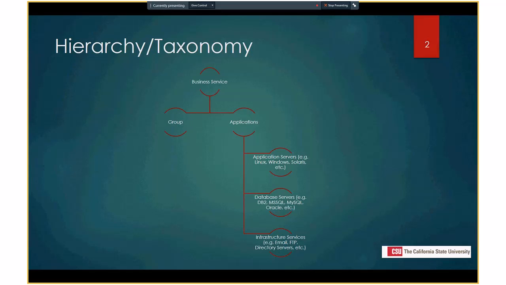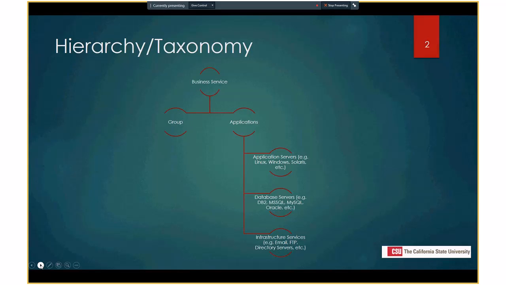And within the applications, it depends on what constitutes that application: what application servers are needed to support it, any databases, or any other services like email or FTP or Active Directory, any directory servers that you needed. So that is how it is defined, and that is our hierarchical chart for building the configuration management database.